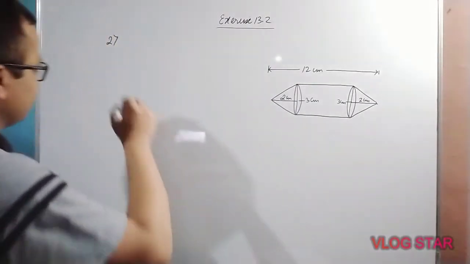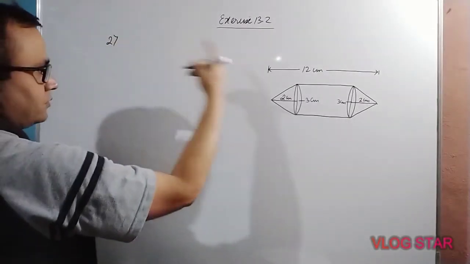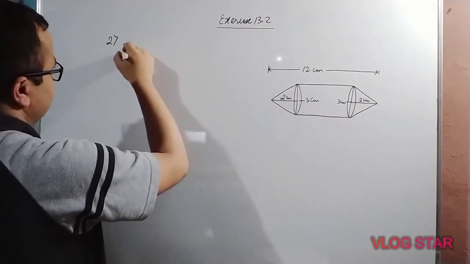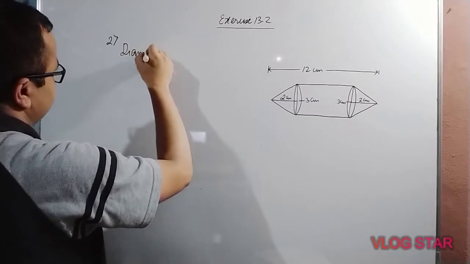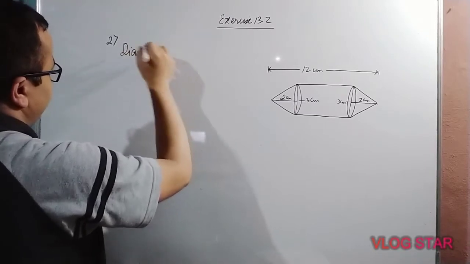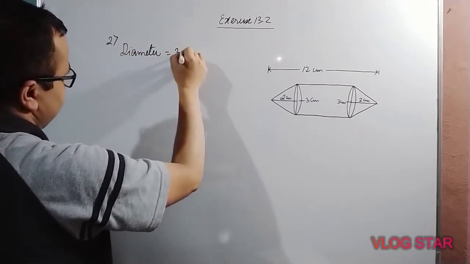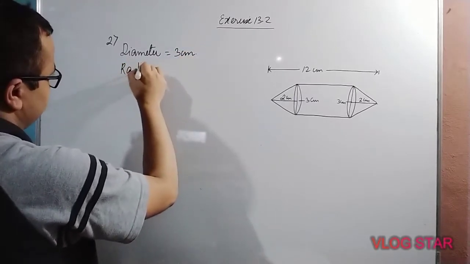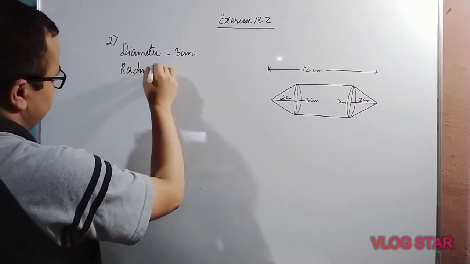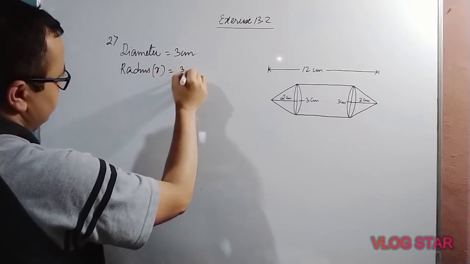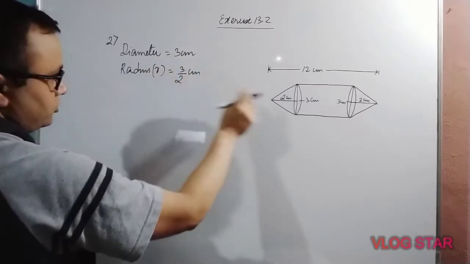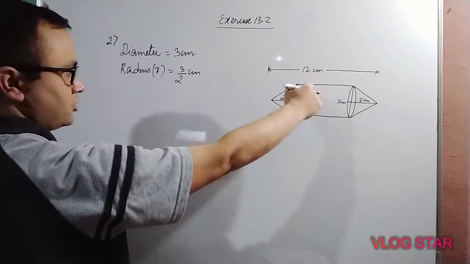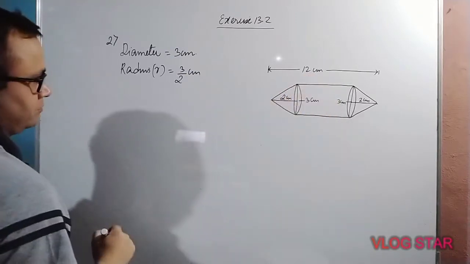First we will write the given information. Diameter equals 3 centimeter, so radius r equals 3 by 2 centimeter. The radius of the cylinder and the radius of the cone are the same.